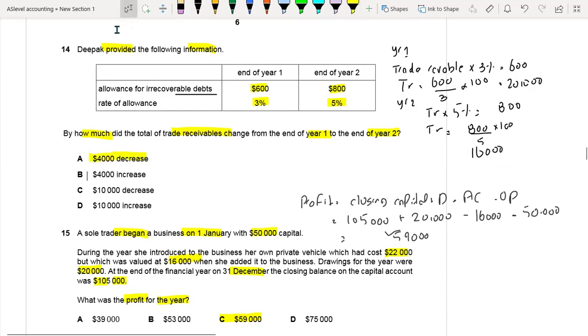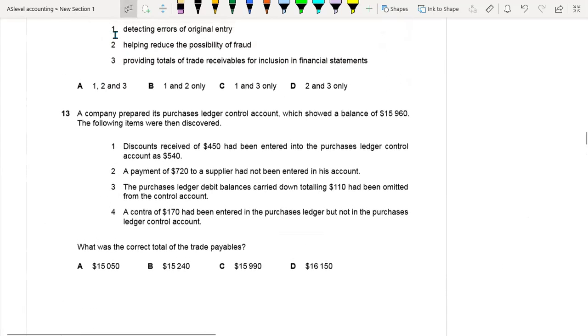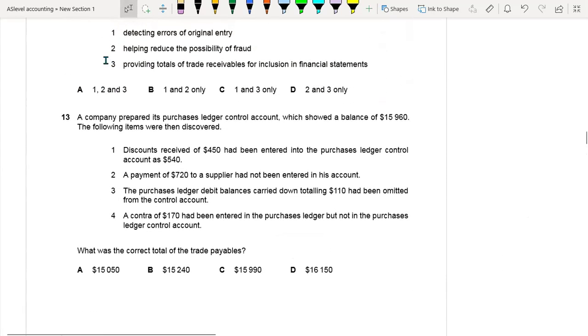Okay. So now let's see the other question. Okay, so this is question number 13. A company prepared its purchase ledger control account, which showed a balance of 15,960. So we should also prepare the purchase ledger control account here.